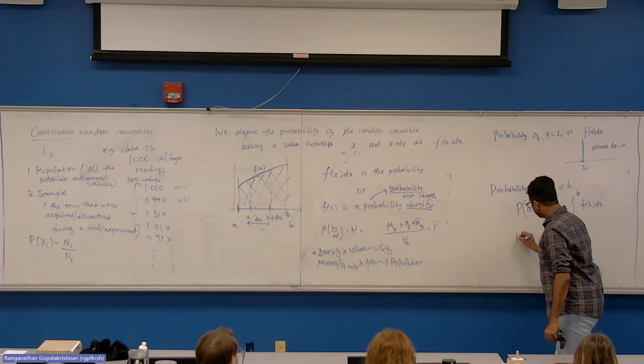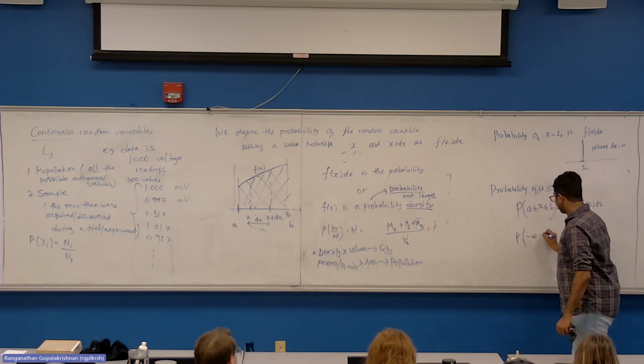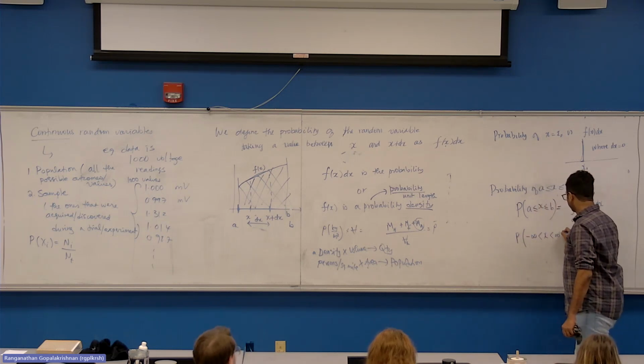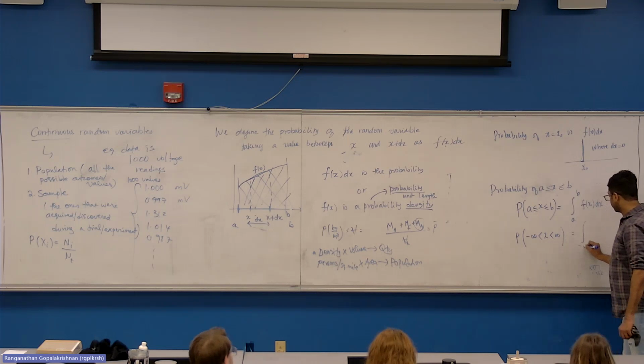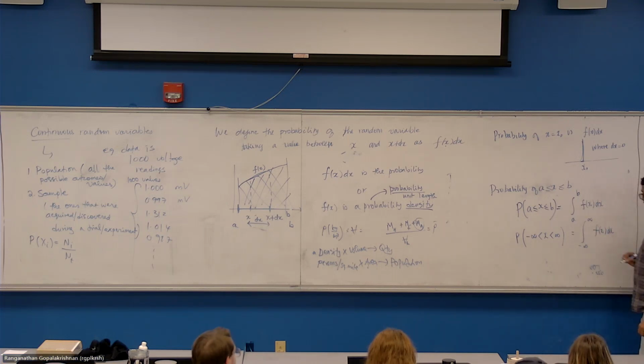What is the probability that x takes any value between minus infinity to infinity? That will be minus infinity to infinity f of x dx. It's like asking what is the probability that x will take any value? What is your answer?